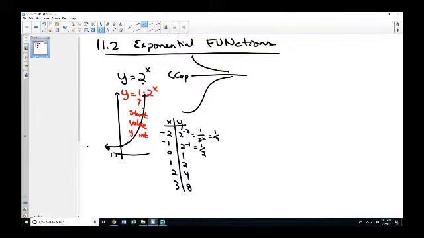And then of course you have your growth constant. Again, times 2, times 2, times 2, growth constant. And then your exponent. Any one of those can change to affect the model. Any questions there?